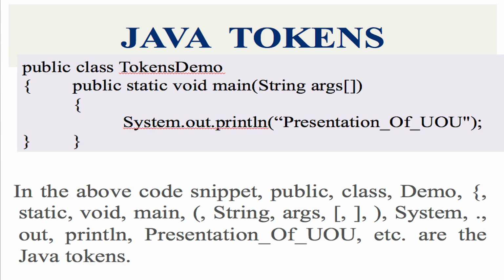These are the smallest elements of a Java program, and the compiler identifies these words as tokens.